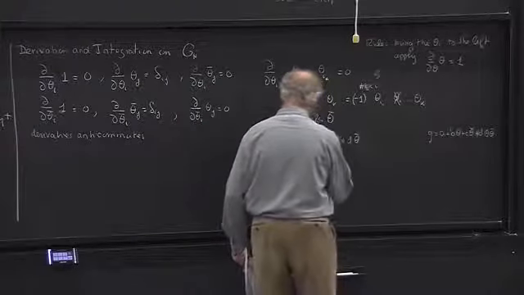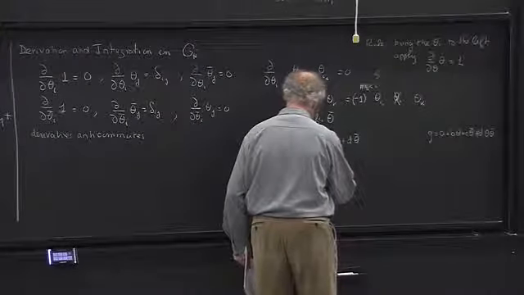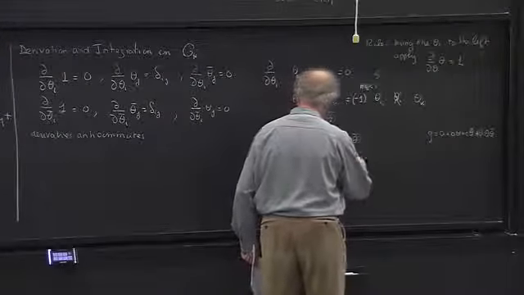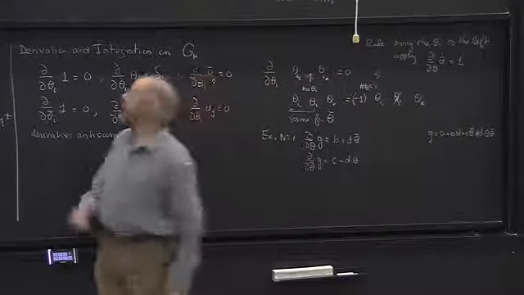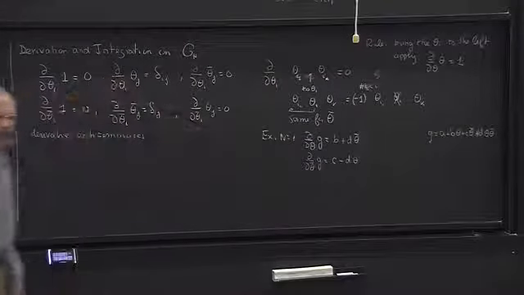But d over d theta bar of g is c minus d theta, because you have to follow the rules.